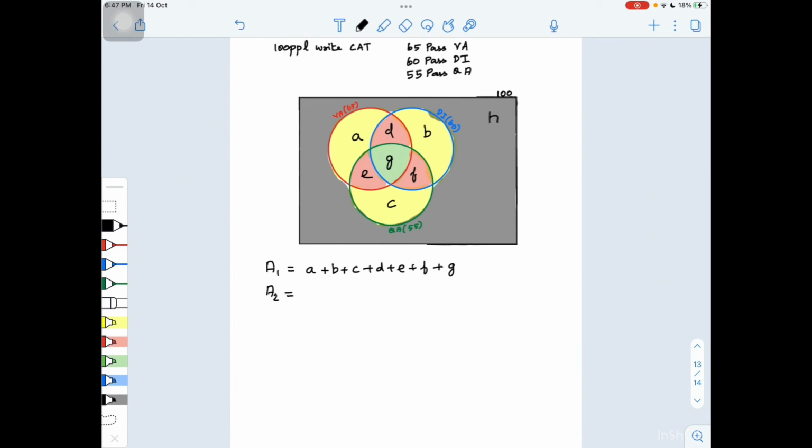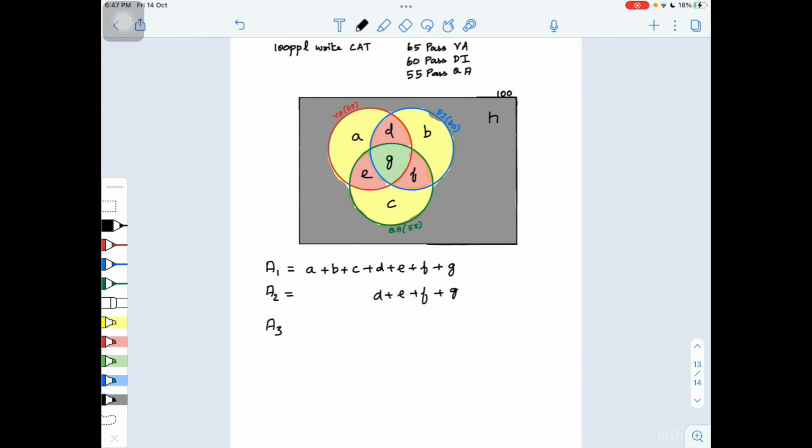People who belong to at least one circle is exactly one circle, yellow region, plus exactly 2 circles, that is red region, plus exactly 3 overlapping region, which is green region. Similarly, what are the people who belong to at least 2 regions? At least 2 regions would be exactly 2 regions, which is D plus E plus F, plus exactly 3 regions, which is G.